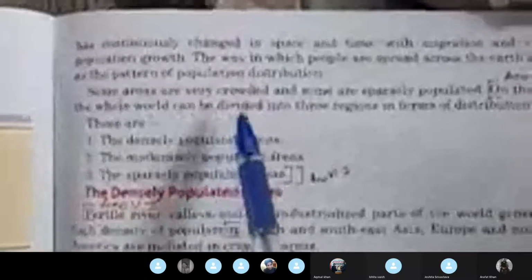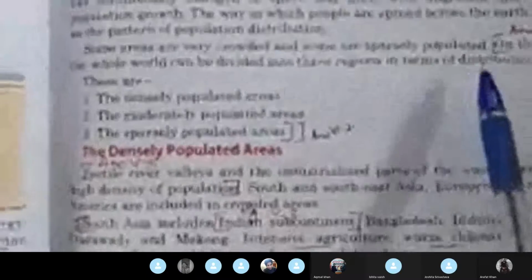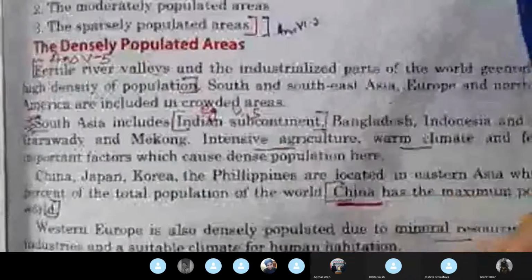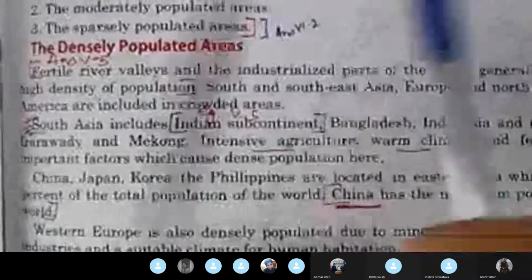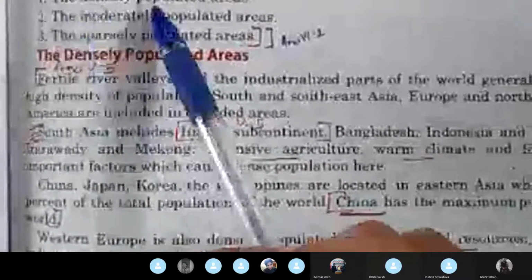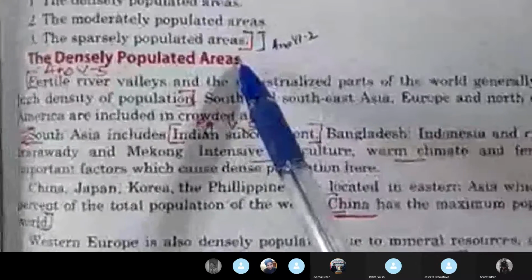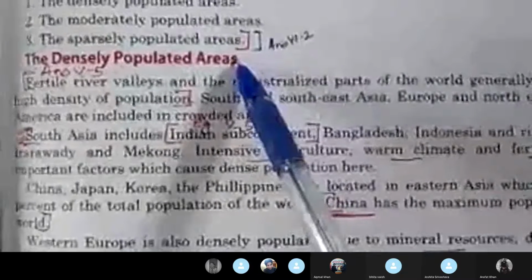Some areas are very crowded and some are sparsely populated. On the basis of density, the whole world can be divided into three regions in terms of distribution of population. These are the densely populated areas, the moderately populated areas, the sparsely populated areas. Till here, this is your answer 6-2. I hope you have marked.